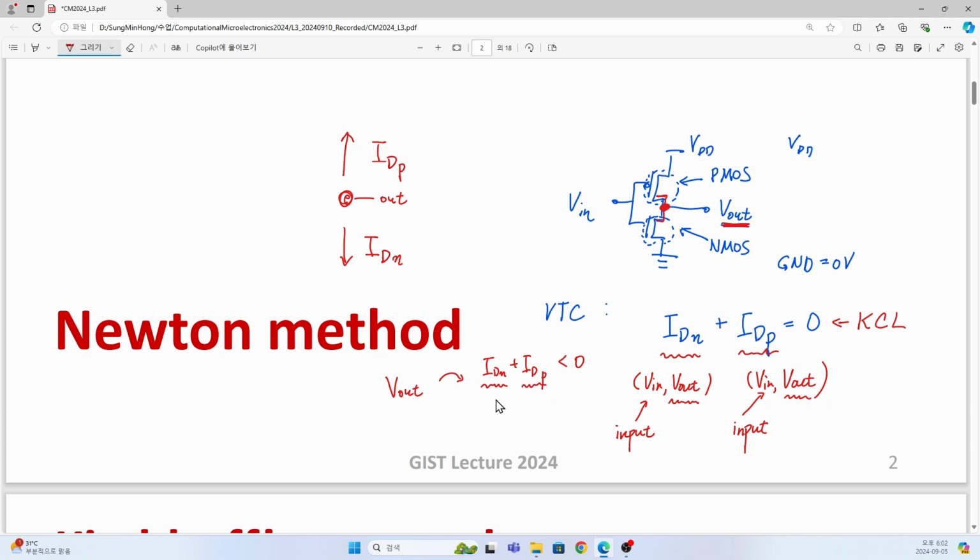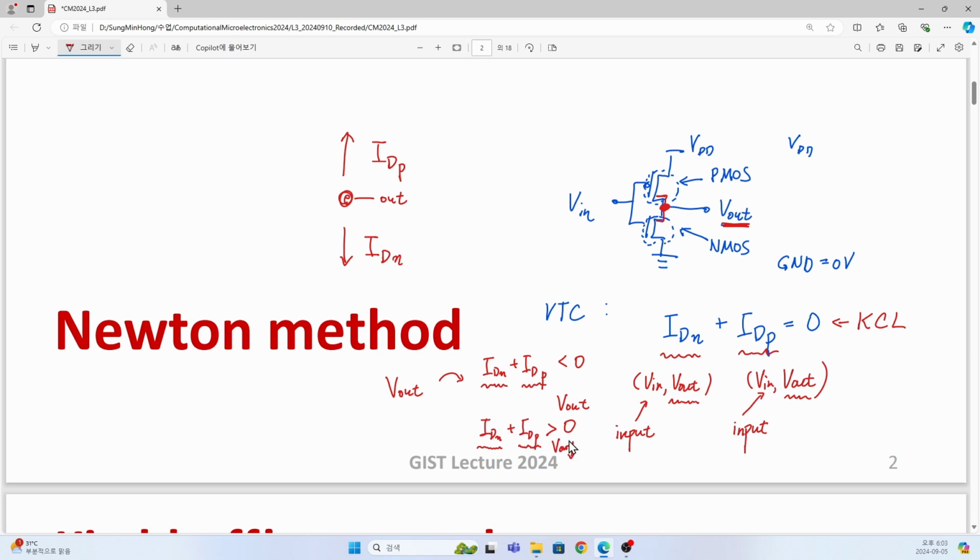Therefore, we want to increase V out. In the opposite case, for example if this is positive, then the N MOSFET current is, in its absolute sense, larger than the P MOSFET drain current. So we can reduce this V out value.